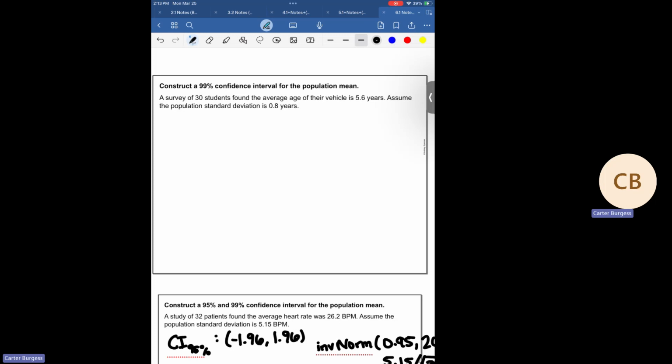Make sure you only hit enter once. When you hit enter the first time, it'll just give you the answer. And then if you hit enter again, it'll give you an error.